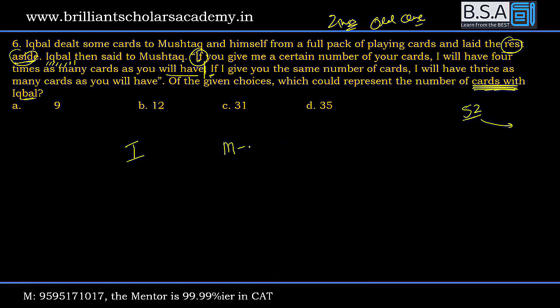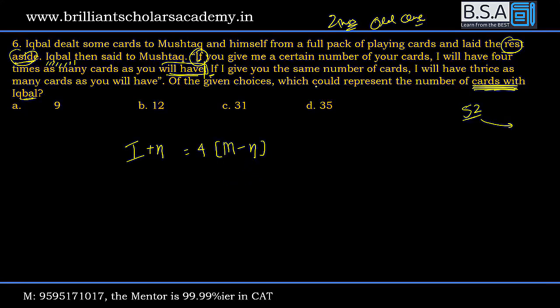So I'm subtracting a number n from here and giving that number to Iqbal. Once you give me n cards, I will have 4 times as many cards as you will have. How many are remaining? M minus n. M was given to Mushtaq, I to Iqbal, n is the exchange.